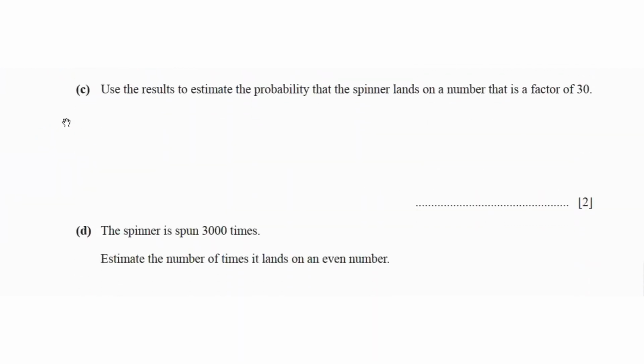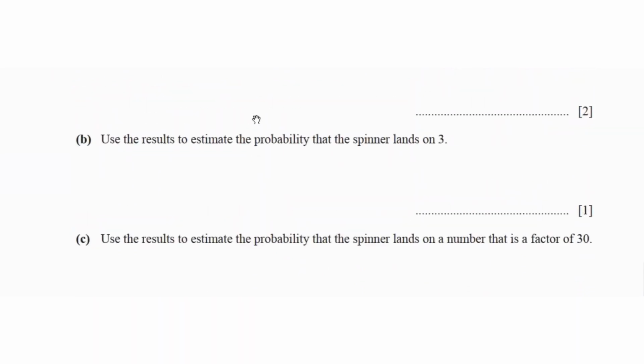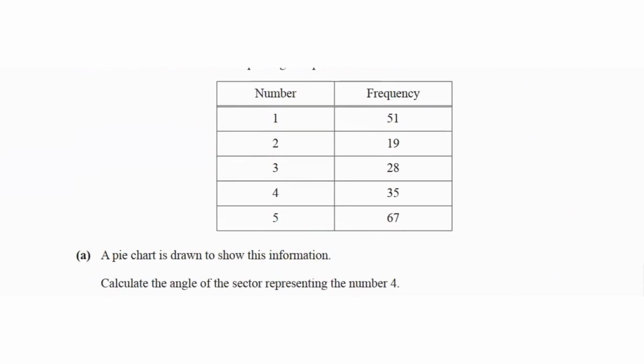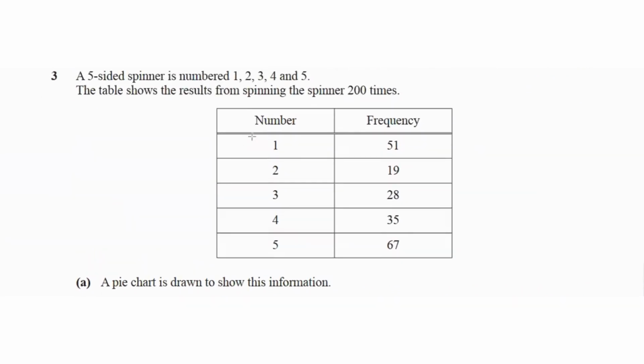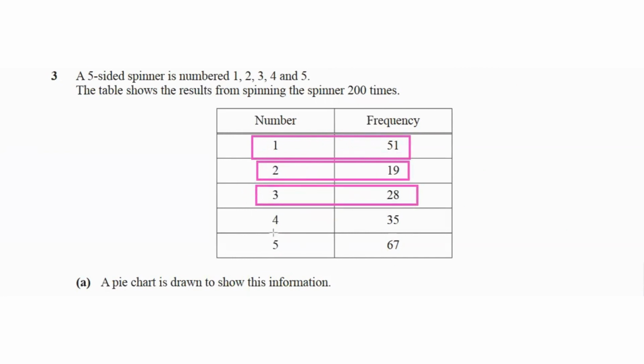Use the results to estimate the probability that the spinner lands on a number that is a factor of 30. So the factors of 30 are this, this, and this. 4 factors of 30.